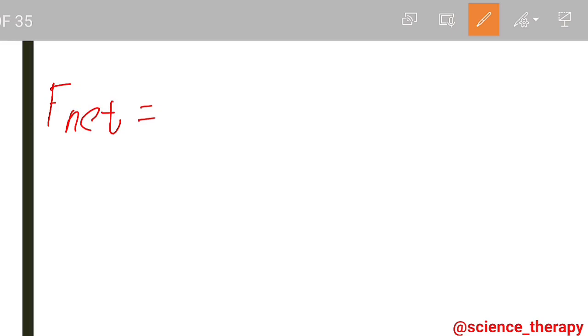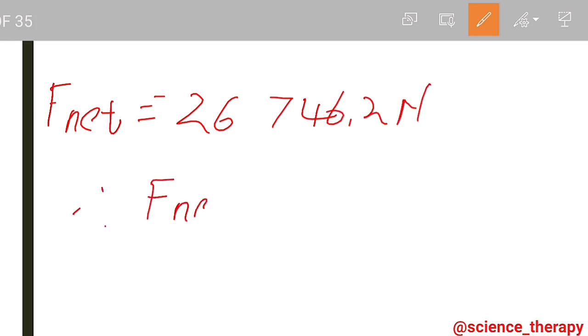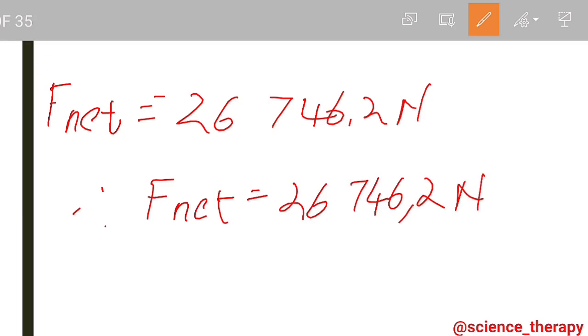And then punching that in your calculator, now your F net is equal to a negative 26,746.2 Newton. But then you have to now say F net is equals to 26,746.2 Newton, right?